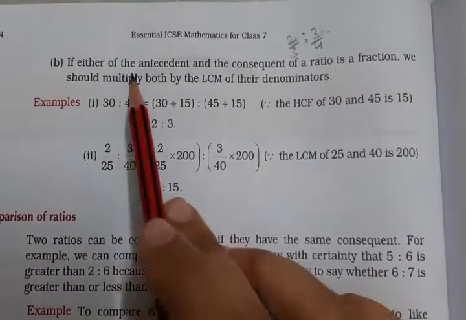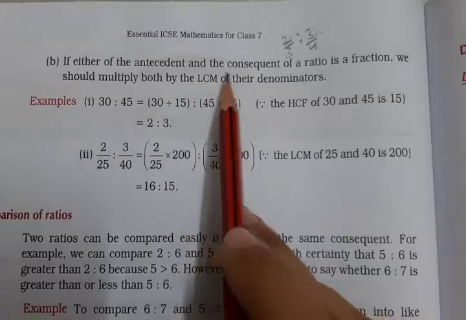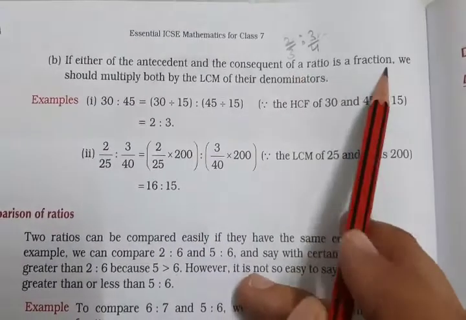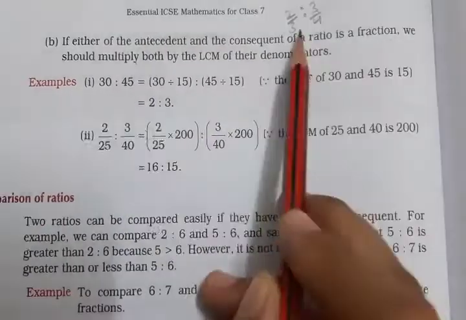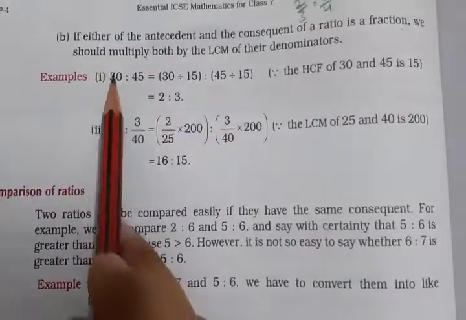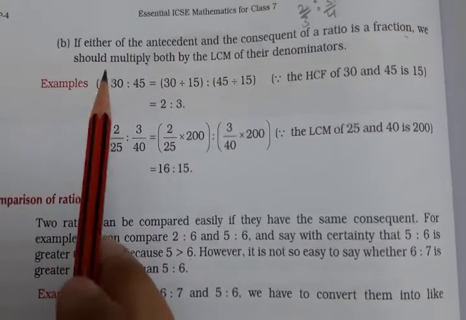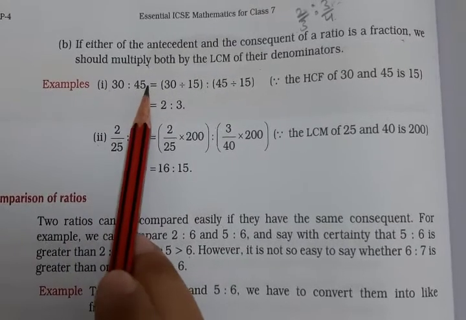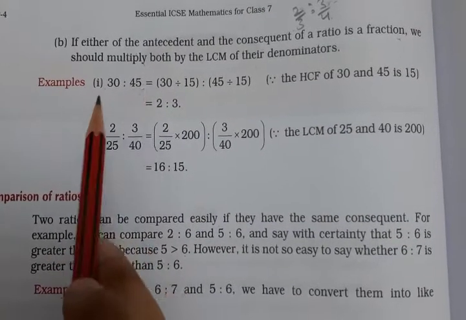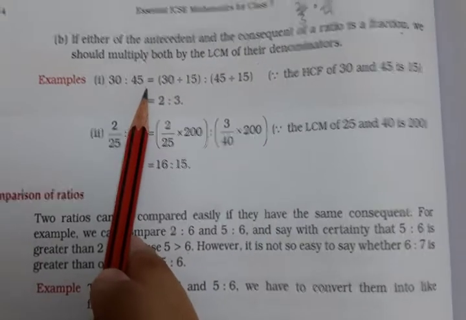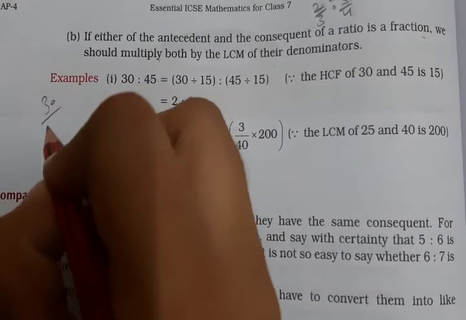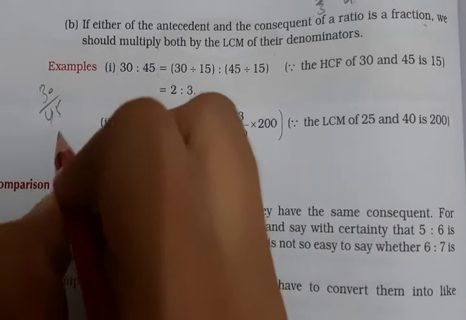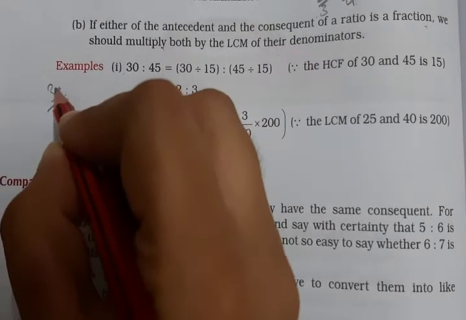Same, if either the antecedent or the consequent of the ratio is a fraction, then we should multiply both by the LCM of the denominators. Understand? Now, as compared to the first result, the first example is 30:45. Now how do we express these terms in the least terms? The simple method is 30/45, divide these terms.